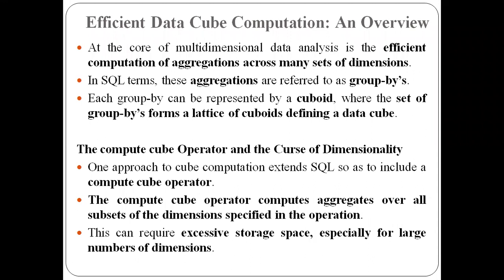Each group by is called a cuboid, and the set of group bys forms a data cube. The data warehouse stores the result in the form of a multi-dimensional data model, that is the data cube. In each data model there will be a set of cuboids, and each cuboid is nothing but a group by, an aggregation operation with respect to one of the dimensions.